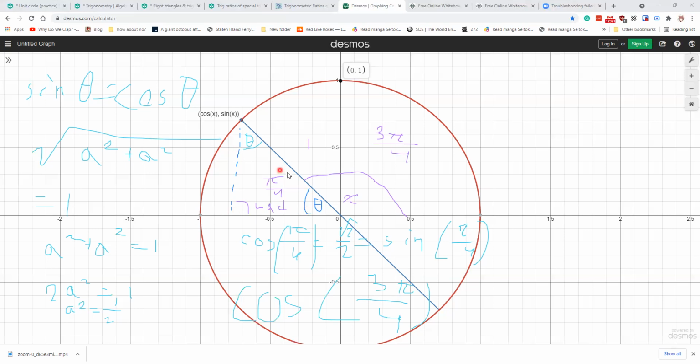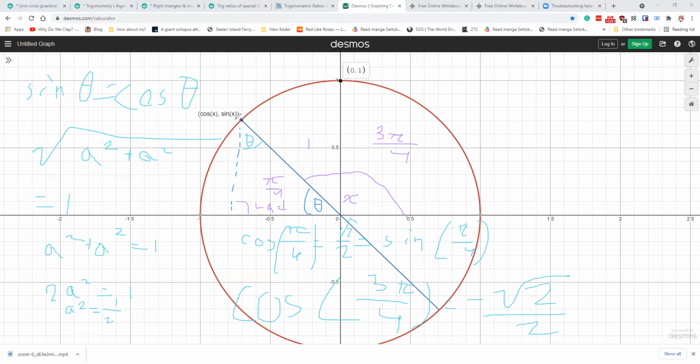Here, the x value is negative, but we just showed that the length of this side has to still be root 2 over 2. The length of this triangle leg has to be root 2 over 2, but the actual x value has to be negative. Therefore, cosine of 3 pi over 4 is equal to negative root 2 over 2.